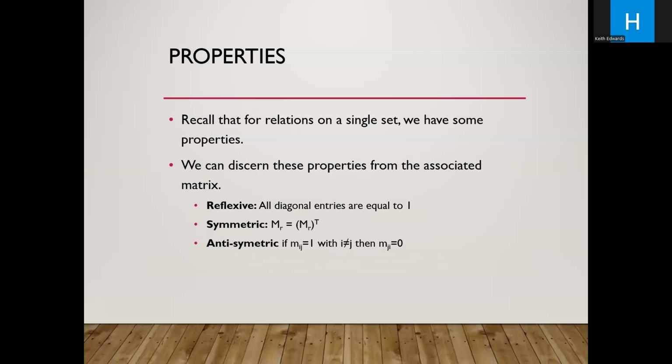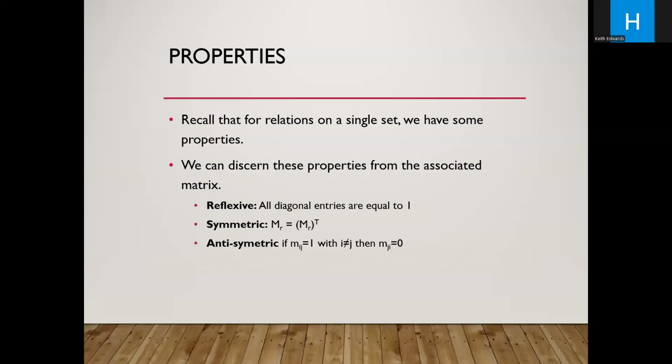So we can also discern some properties of our relations, and these properties can be discerned from the associated matrix, and this makes it easy for us to determine them if we program these in. So reflexive, we can test if all diagonal entries are equal to 1. That means that the relation is reflexive because each element is related to itself.